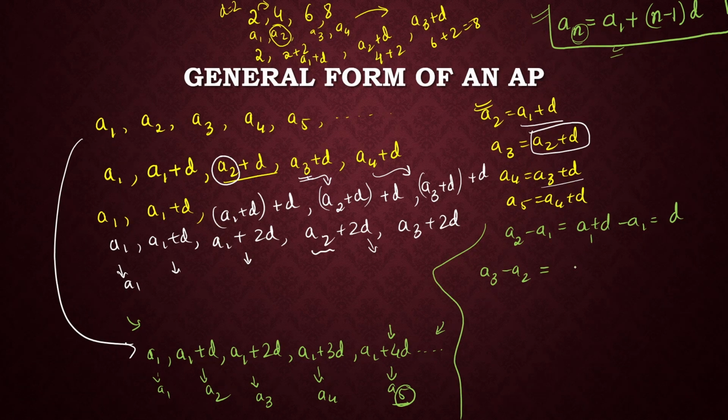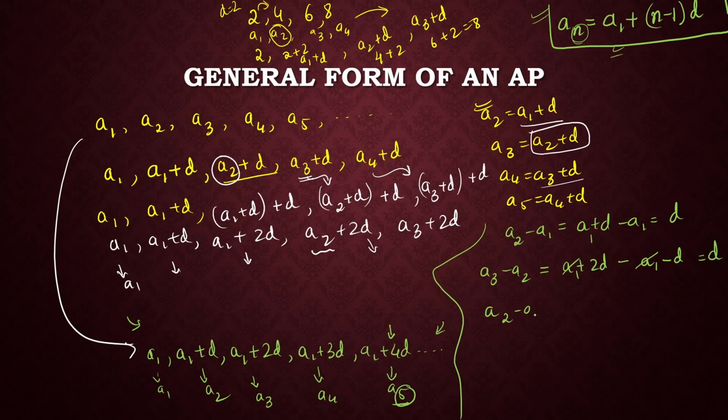Now if I subtract A3 minus A2, you will be getting the common difference only. If you are not able to understand, just observe this. A3 is A1 plus 2D, and A2 is minus A1 minus D. So what will you obtain from this? You will be obtaining common difference D only. So always the common difference is equal to the difference of two consecutive terms.